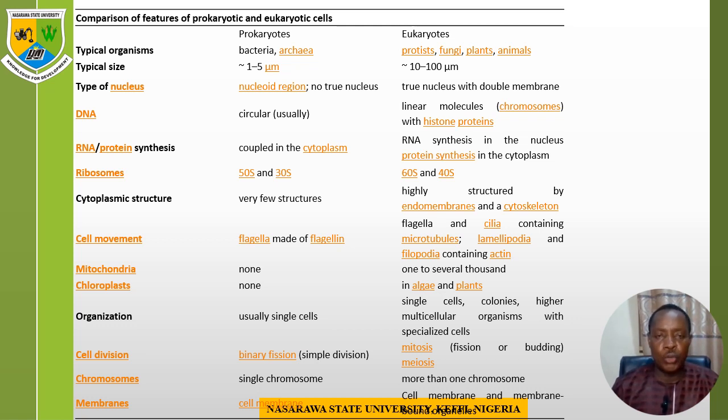Then the type of nucleus you could find in prokaryotes is that of nucleoid, which is not actually a true nucleus. And of course, you have the true nucleus with double membrane in eukaryotes. Then the ribonucleic acid synthesis or protein synthesis takes place in the cytoplasm in prokaryotes. Same in eukaryotes, but then in the cytoplasm, it is at a higher level.